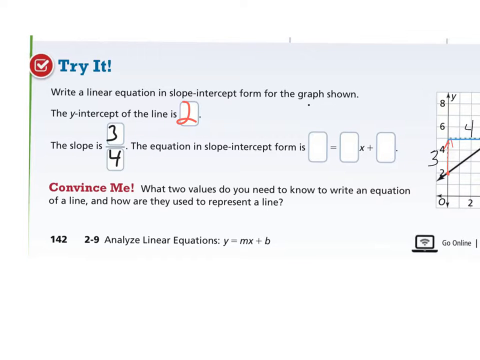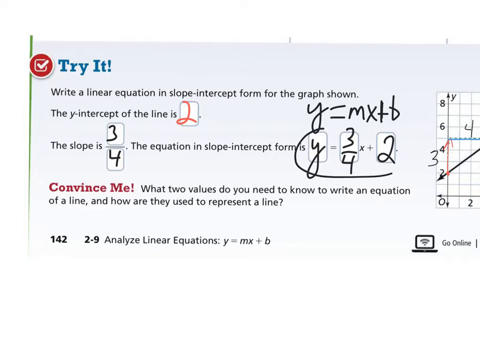And then we're just substituting in that formula. I'm going to write up above here so we can see our substitutions happening. We had y equals mx plus b, and then we're just substituting. M is our slope, which is 3/4. B is our y-intercept, which is 2. So the equation of that line is y equals 3/4 x plus 2.